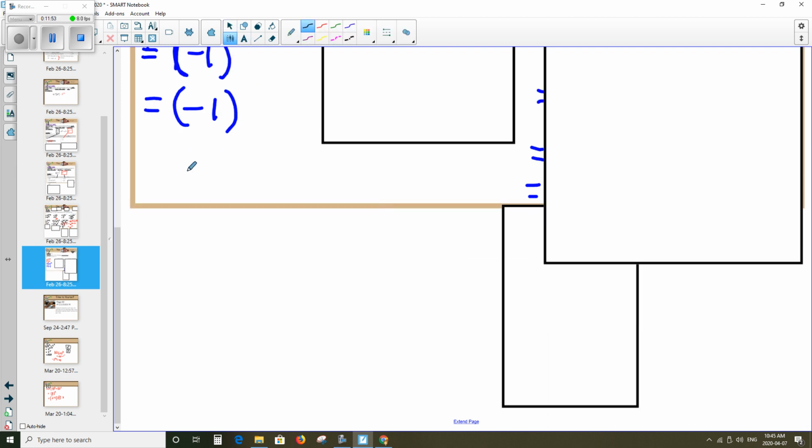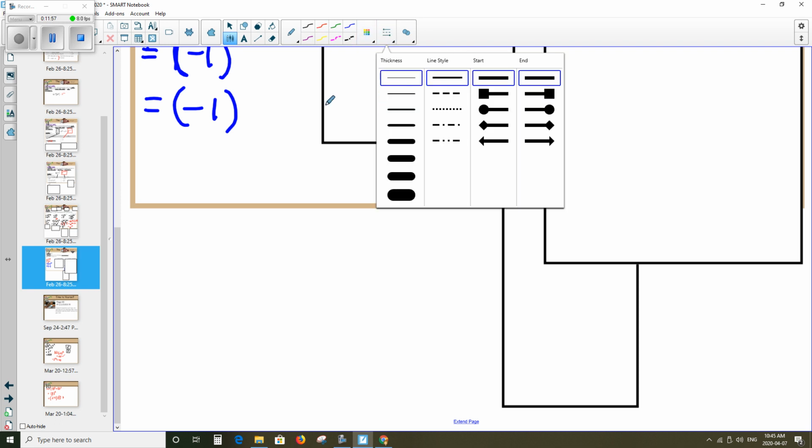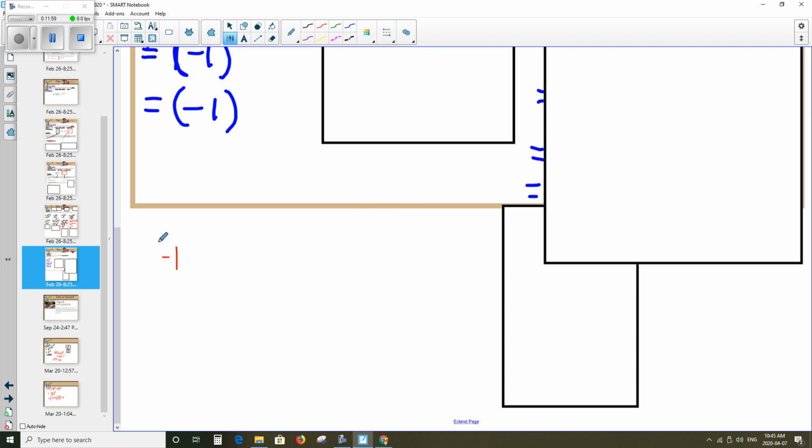Just to explain why that's happening, if you have -1 and you square it, that means -1 times -1. A negative times a negative gives you a positive, so the answer is positive. What if you have -1 cubed?